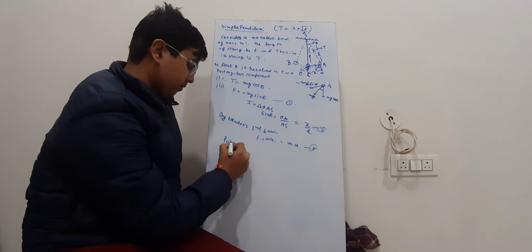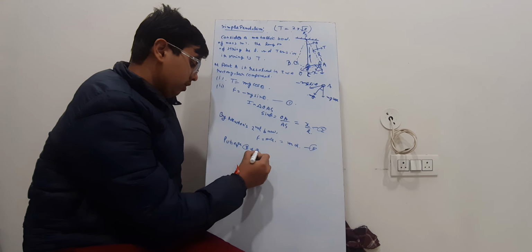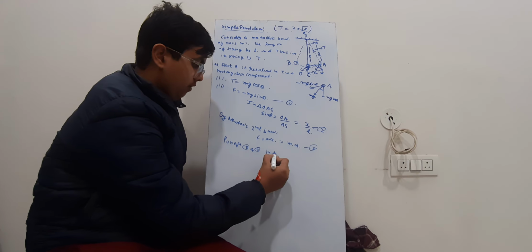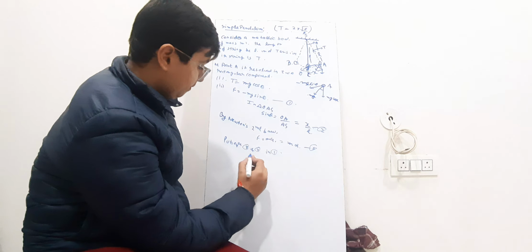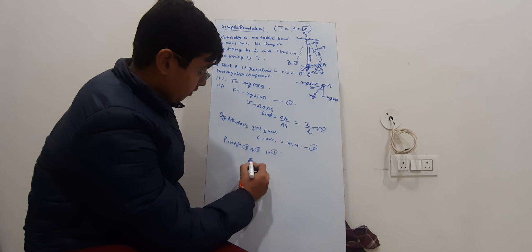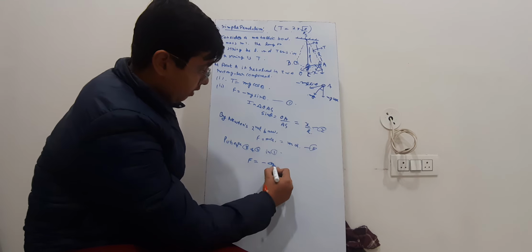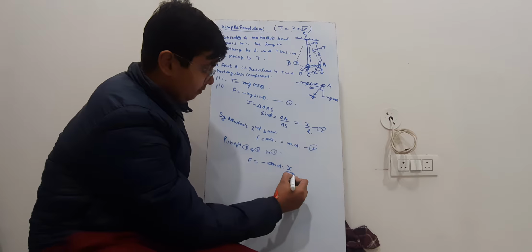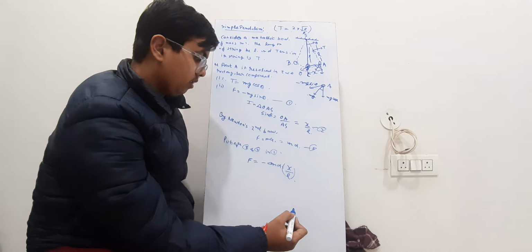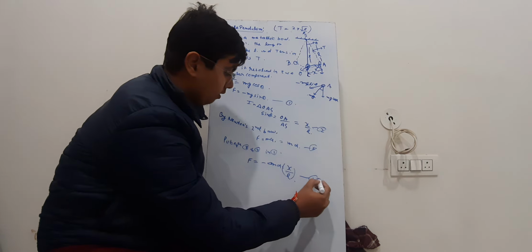So equation 1 becomes F is equal to minus m alpha into x by L. Let this be equation number 4.